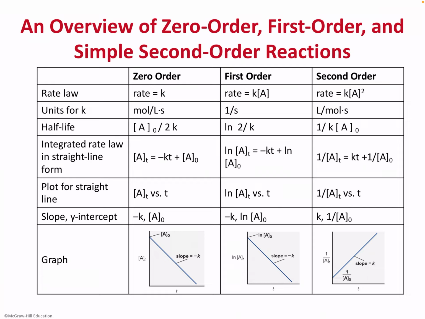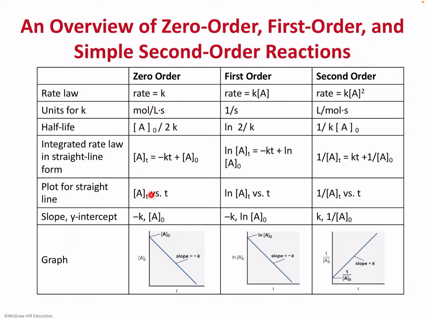Then you can see how you get a plot for a straight line. Ln concentration of your reactant versus time would give you a straight line if it is a first order.